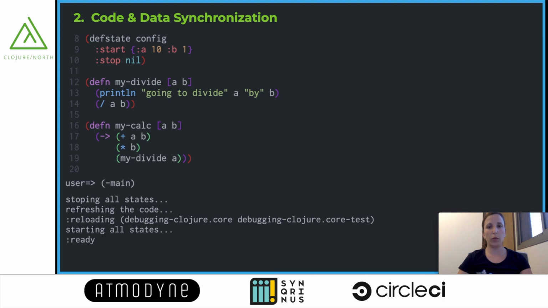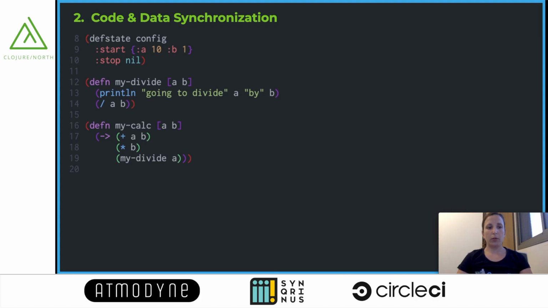When it's ready, we can use the REPL, and it takes a really small amount of time. Now let's try to call my calc function with the updated data, and we can see that we don't have any exception because now it's a valid division and we can divide 11 by 10.